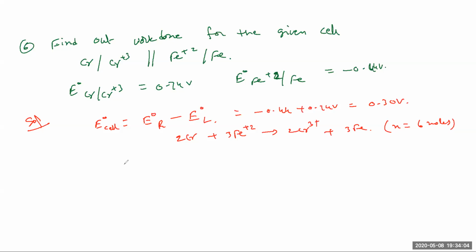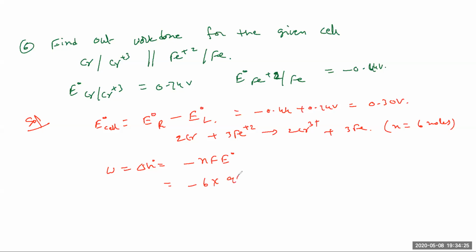Then what is the work done? Delta G only. Work done means W is equal to delta G is equal to minus nF E naught. What is n value? 6.